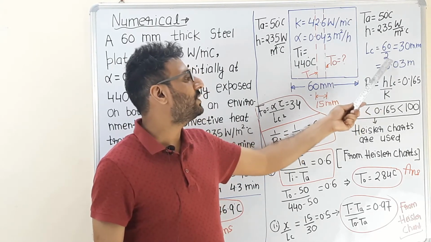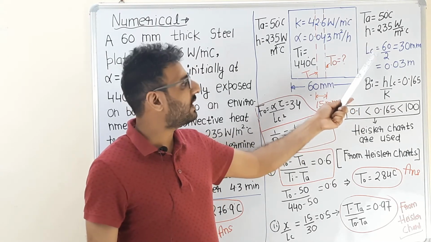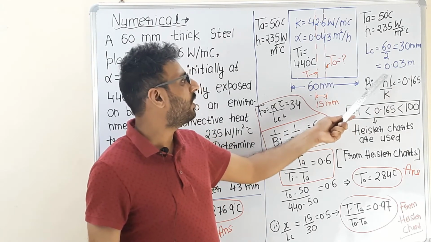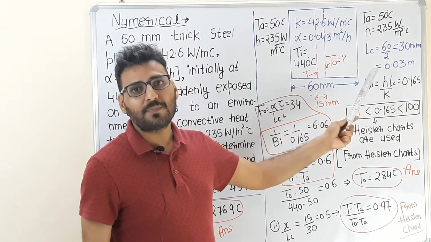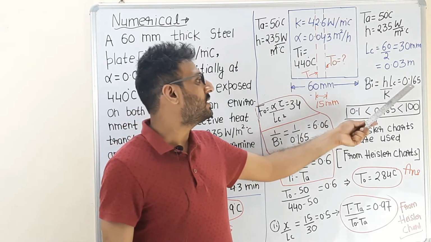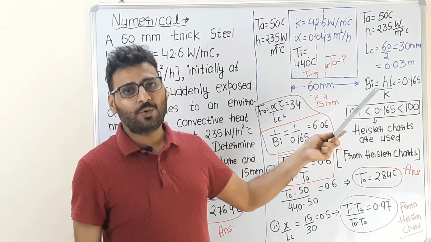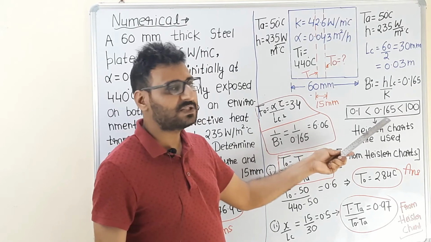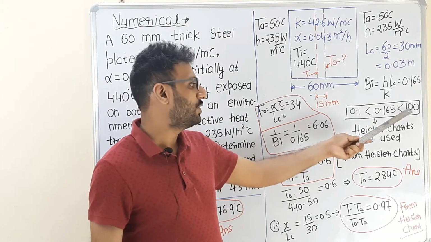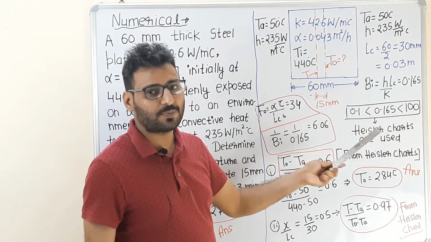Now substitute the value of characteristic length in this formula. We know already the values of h and k. So Biot number comes out to be 0.165. As we already know, we can use the Heisler chart if Biot number varies between 0.1 and 100. So we can use the Heisler chart for this problem.